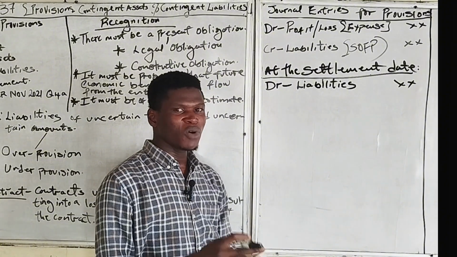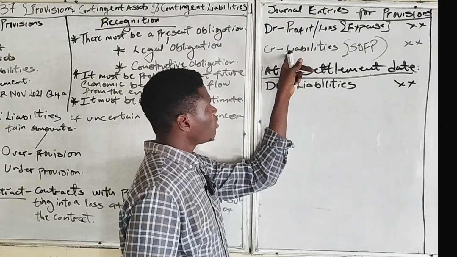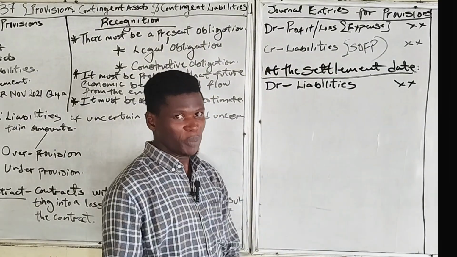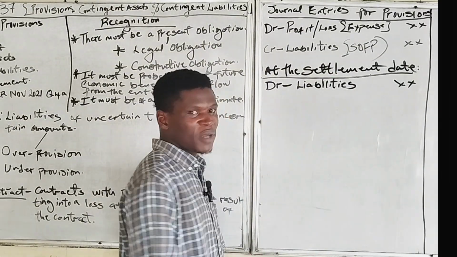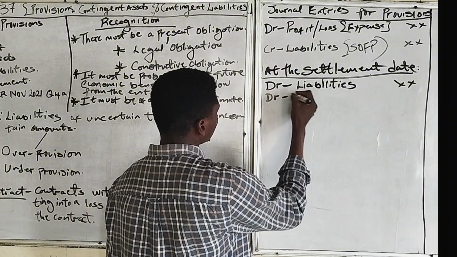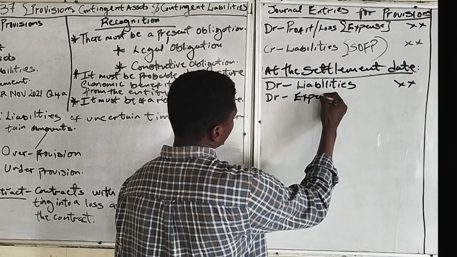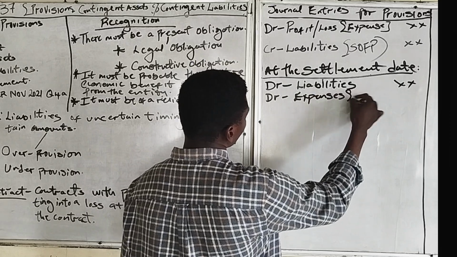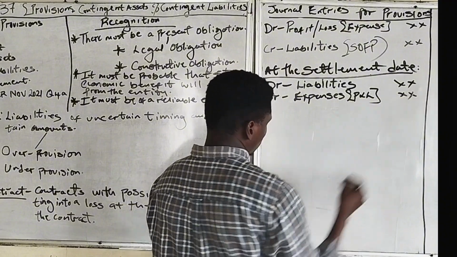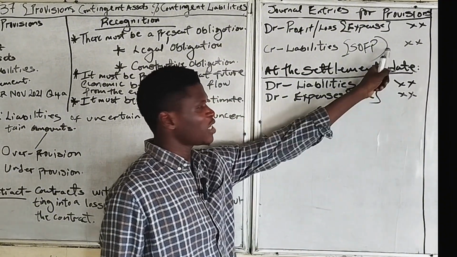Now, we said we paid more than what we have provided for. So it means what we recorded as the liability is not up to what we are going to pay. So we'll take the remaining amount, the excess, and debit it to expenses, which is P or L. So this is what we provided for, and we have recognized it.